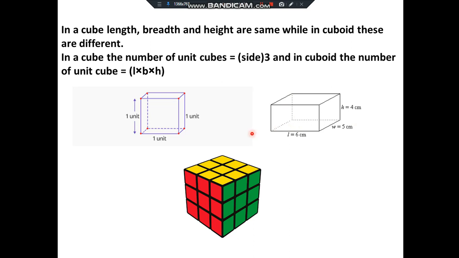While calculating the number of unit cubes, for a cube you calculate side cubed, whereas for a cuboid it is length into breadth into height, since all three values vary. I hope you get my point.